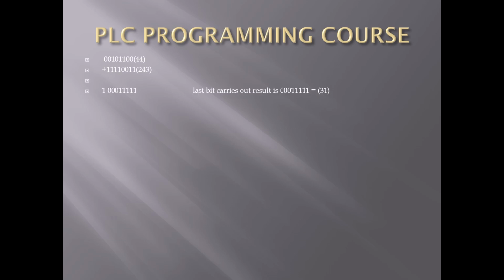The last bit carries out of the result. The result is 31. 2 to the 0 power is 1, 2, 4, 8, 16. Therefore, 1 plus 2 plus 4 plus 8 plus 16 equals 31.